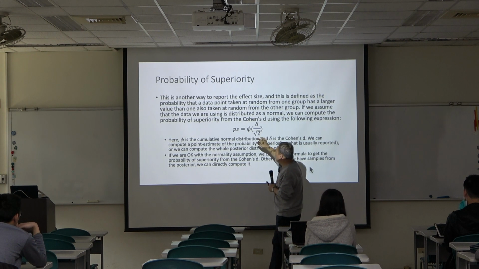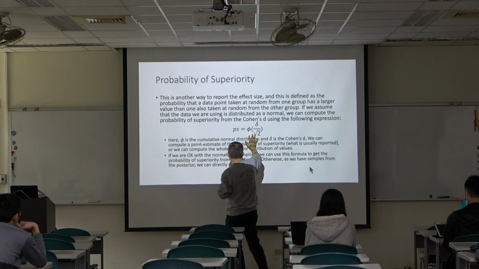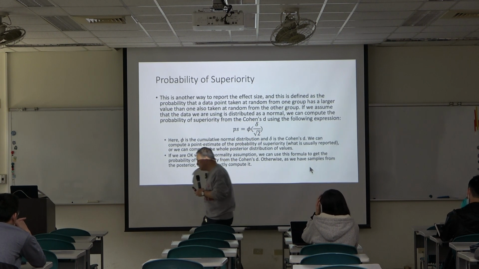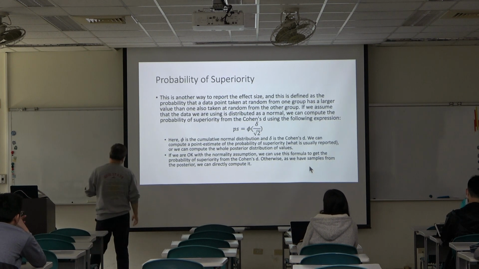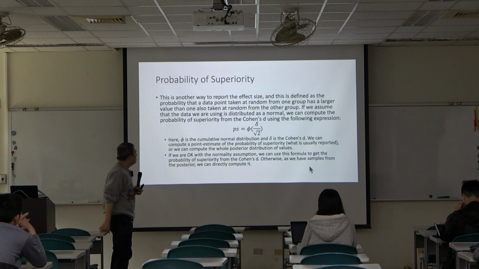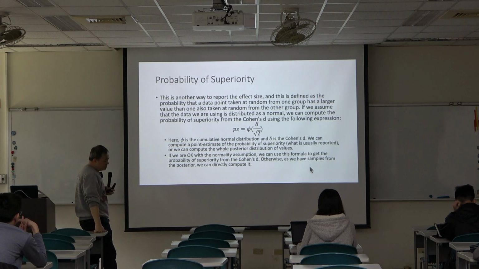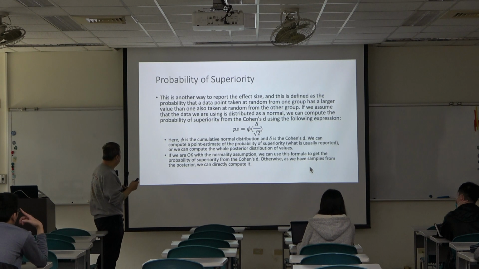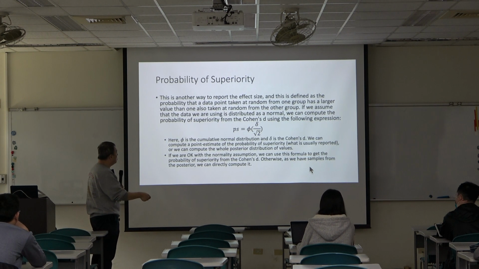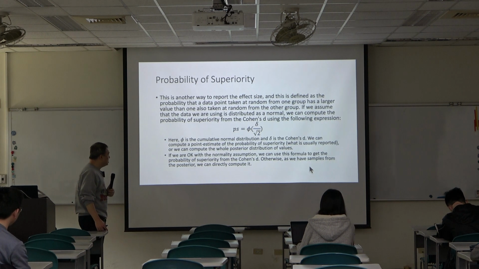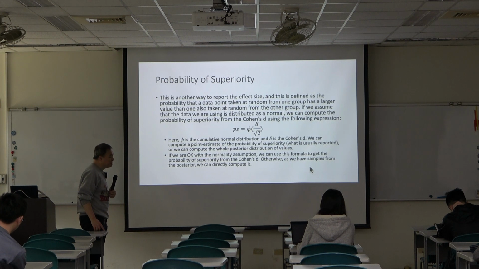So you can see, if you have the delta, you can get the probability of superiority from this formula, of course with the understanding that the model, or the distribution, is normal. This is an assumption. So we can compute a point estimate of the probability of superiority, or we can compute the whole posterior distribution of the values.